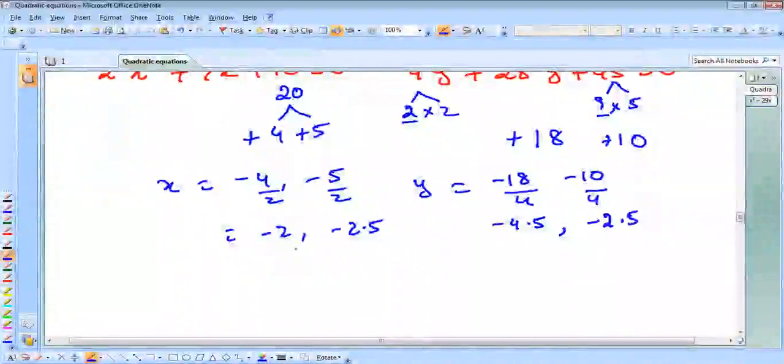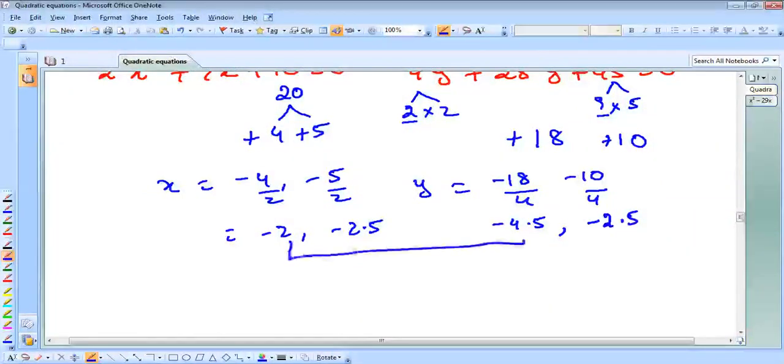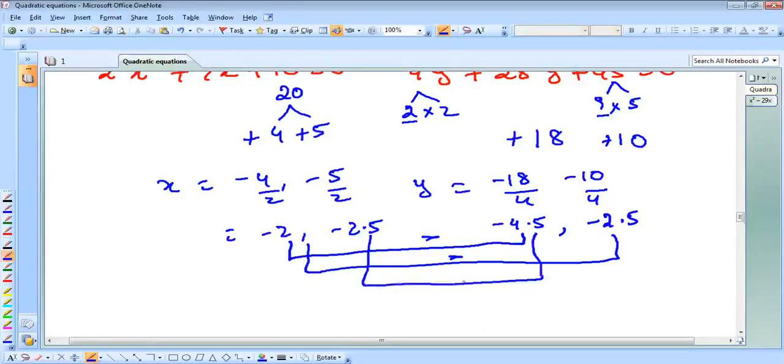Now you have to compare each and every x value with each and every y value. So this is greater. Here also greater. Here it is also greater. And this is equal to. So what is the relationship?